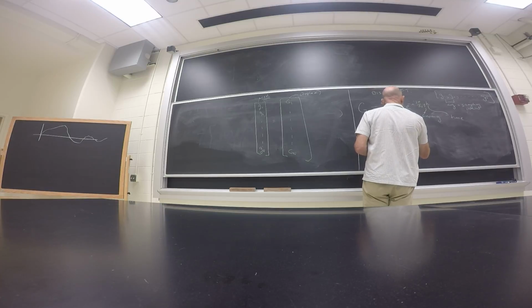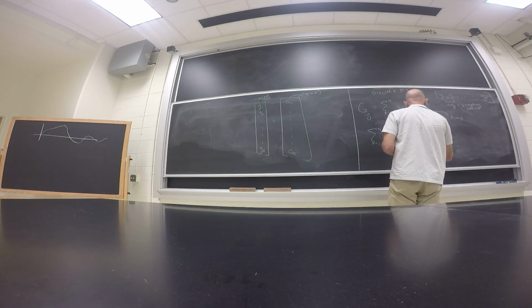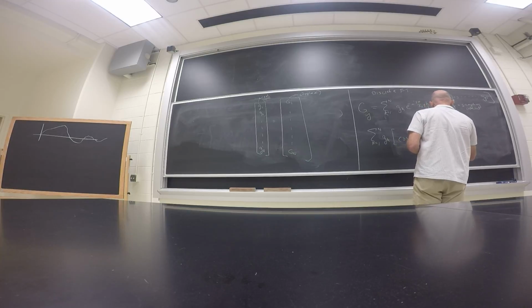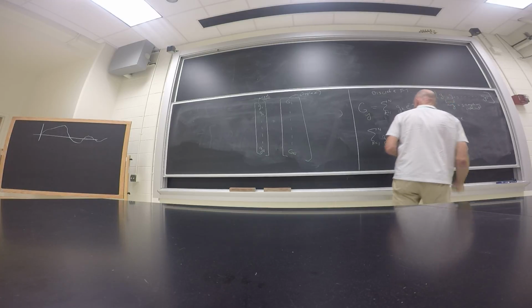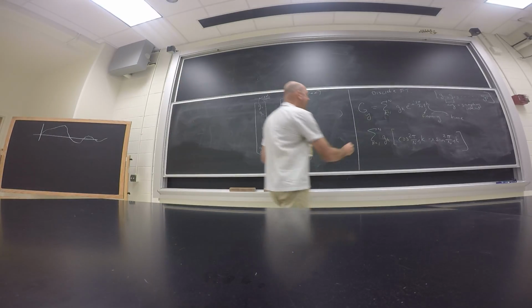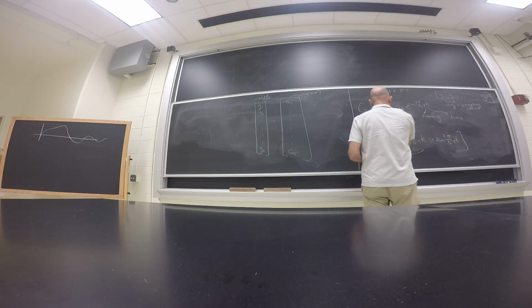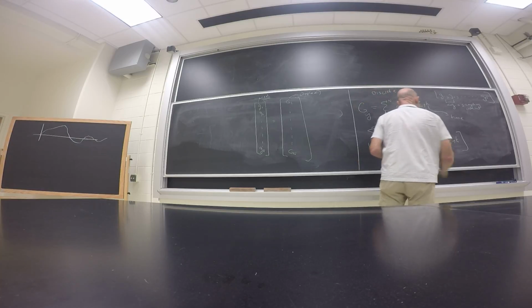Cosine of 2 pi over n jk minus I sine 2 pi over n jk. All right? And then we can split this up into two separate sums.